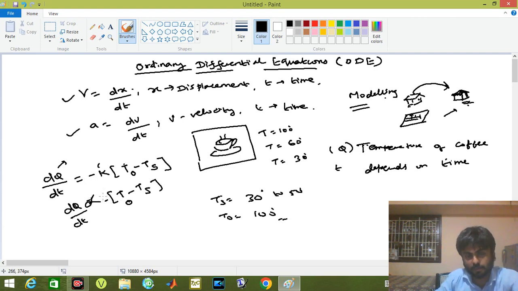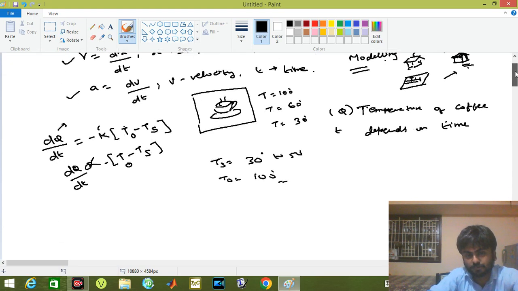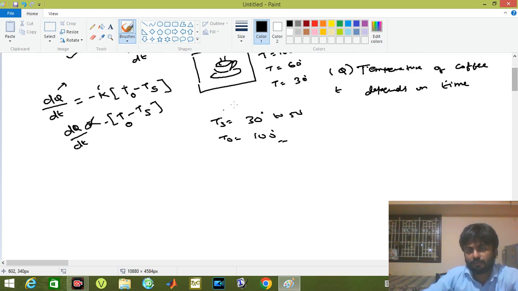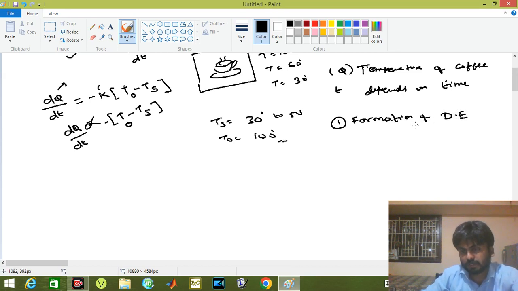I think you can now understand why we need the concept of ordinary differential equations. In applied mathematics, we need three things. One is the formation of differential equations, that is called modeling.